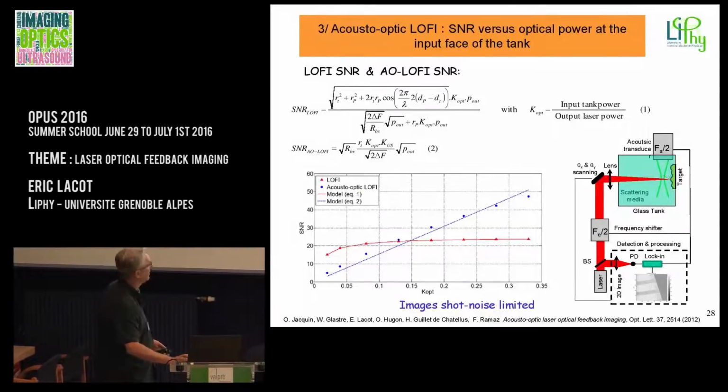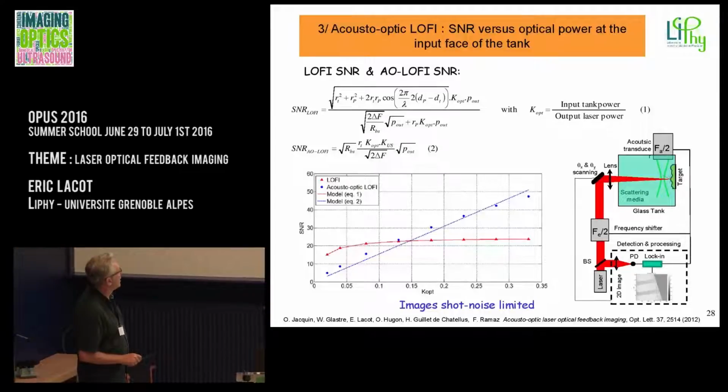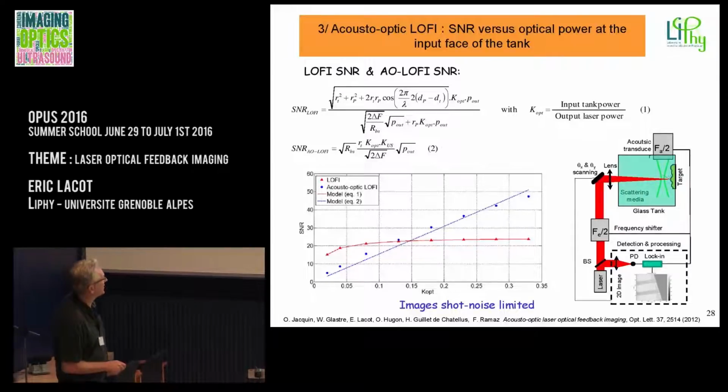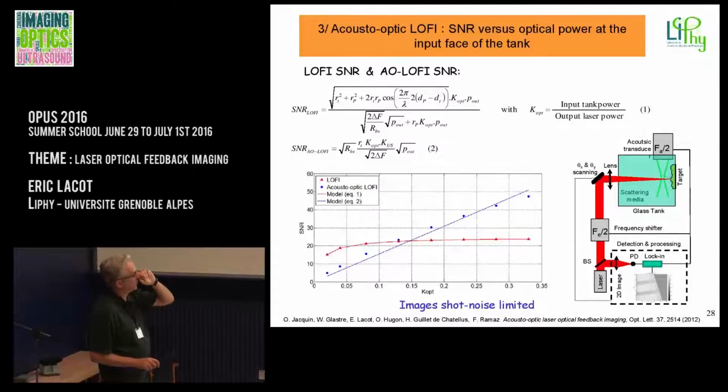If we look at how the signal-to-noise ratio evolves versus K-opt, we can see a linear dependence for the acousto-optic LOFI. For the conventional LOFI with parasitic reflection, we can see a saturation, which is due to the division of this parameter by this parameter when K-opt increases. So as we can see, we have obtained an improved SNR by using acoustic photon tagging, by using this acoustic transducer here.